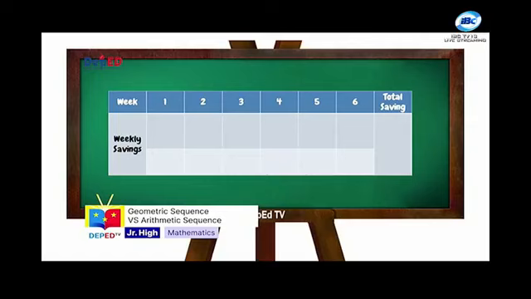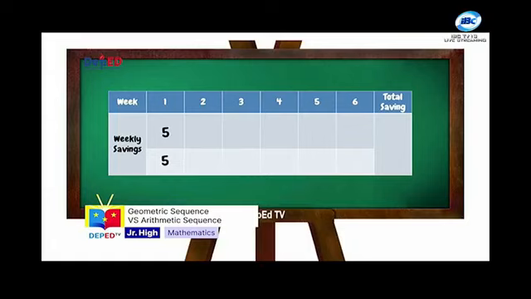There are 6 weeks from the first week of November up to the second week of December. The initial amount saved is 5 pesos, while your target amount at the end of the second week of December is 300 pesos. The amount to be saved is doubled every week.